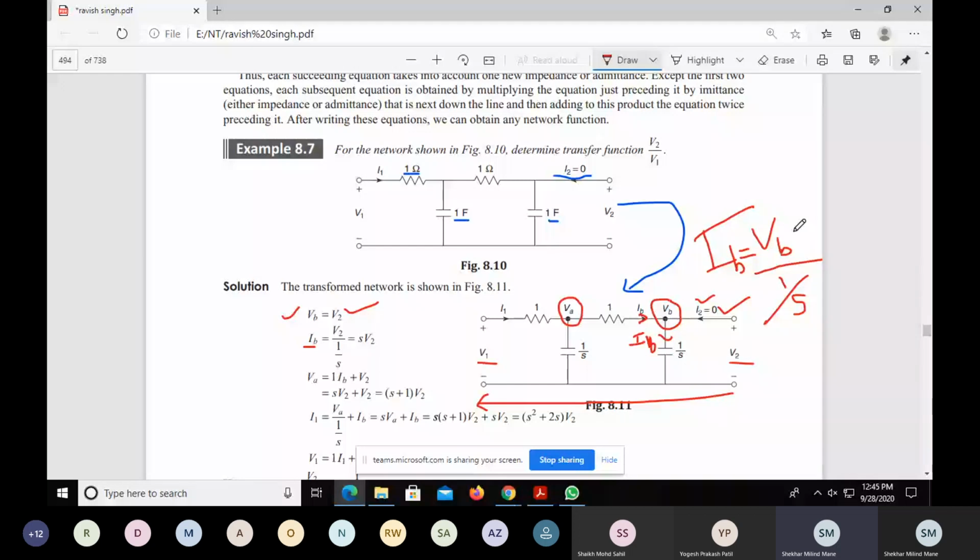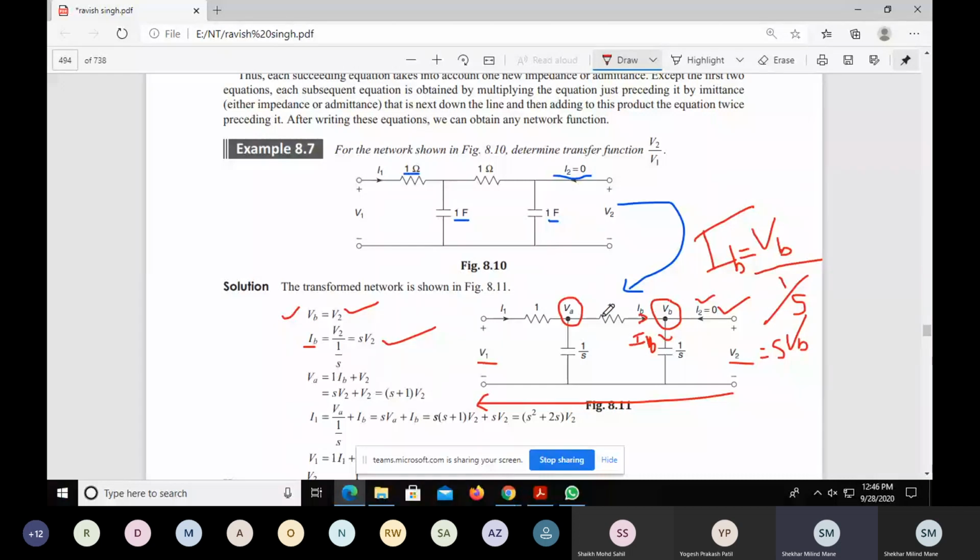So voltage upon impedance, VB upon 1 by S, so it will be S into VB. And VB is nothing but V2. So that's why we can write IB in terms of V2. So IB is equal to S into V2. In this way, we have written IB also in terms of V2.